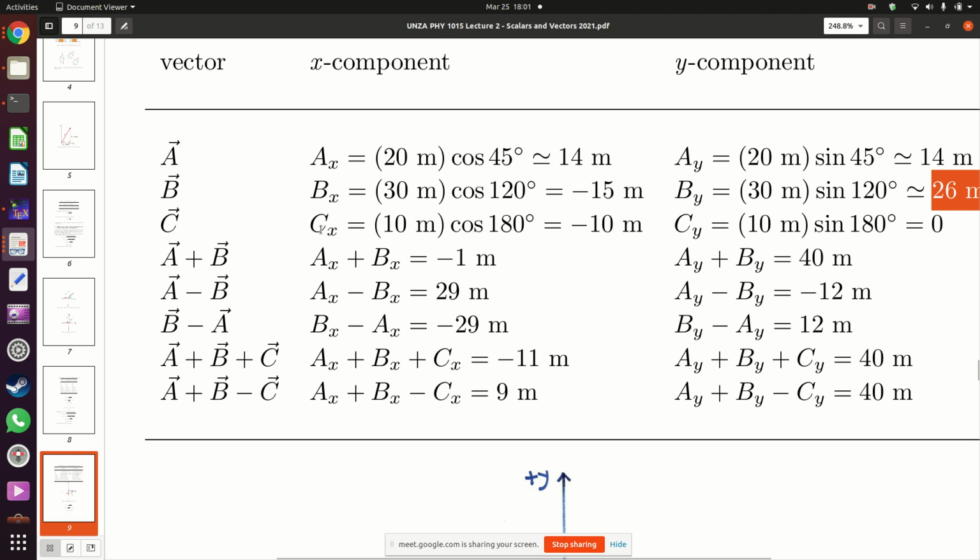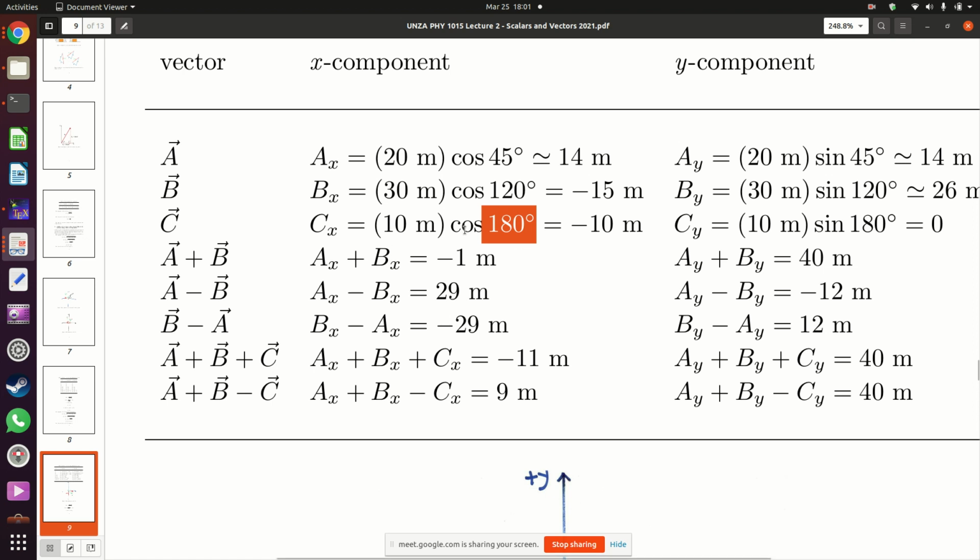Next, you work out for C. For vector C, you want to find out how much of vector C is along the x-axis. So that is Cx, the x component of C. Cx is equal to the size of vector C, which is 10 meters, multiplied by the cosine of the angle vector C makes with the positive x-axis, which is 180 degrees.